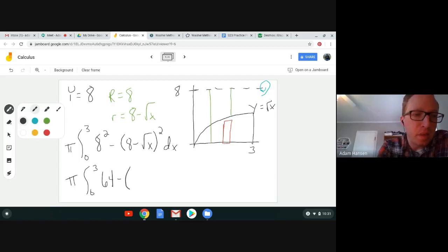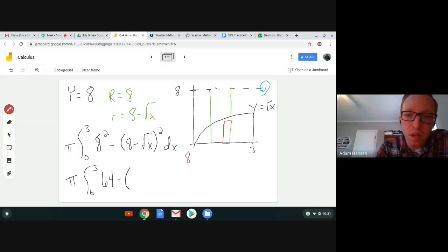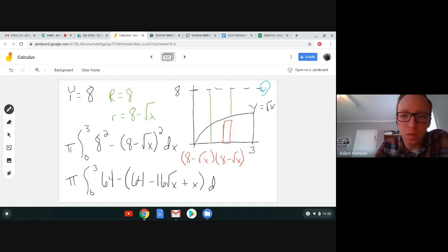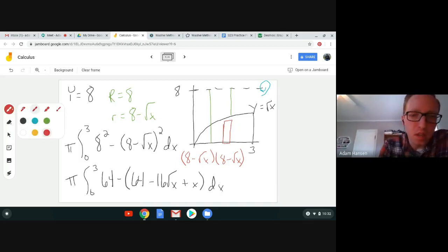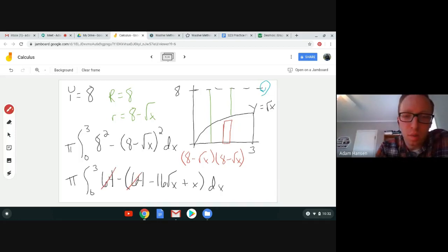If I expand that, let me just write this out so I know I'm good. 8 minus the square root of x times 8 minus the square root of x. And I expand that, it would make 64 minus 16 square roots of x. Negative root x times negative root x is positive x dx. These essentially cancel out, but I'm left with positive 16 square root of x minus x.